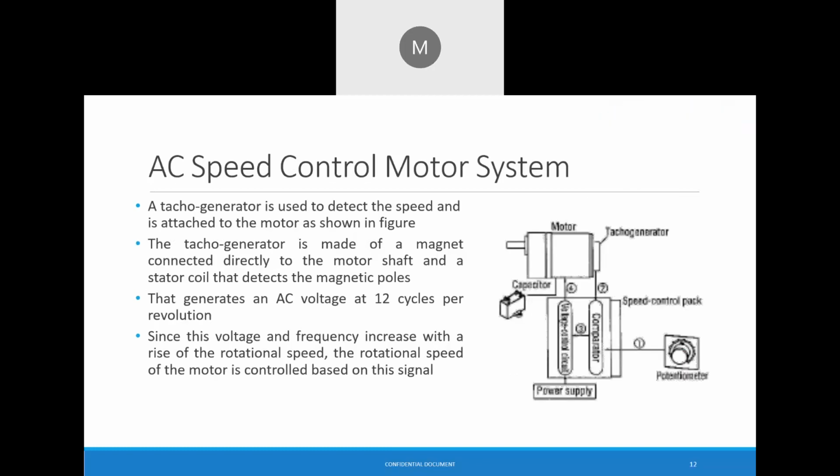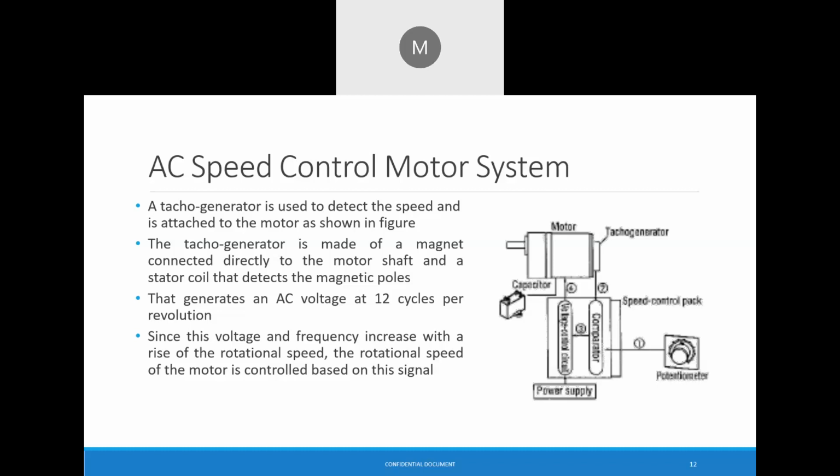So, how do we govern the speed? Basically, a tacho generator is used to detect the speed, and it is attached to the motor as shown in the figure. As you can see in the figure, there is a motor, there is a tacho generator, then there is a control circuit with the capacitor, and you can see the power supply which is being controlled through the potentiometer, right?